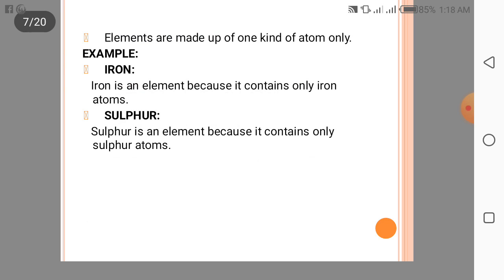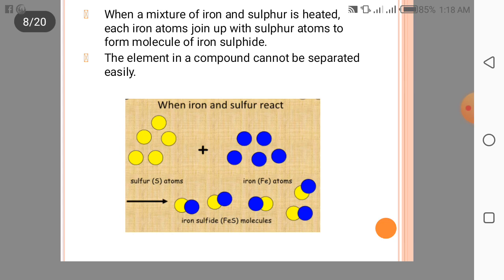Elements are made up of only one type of atom. For example, iron. Iron is an element because it contains only iron atoms. The second one is the sulfur element. Sulfur is an element because it only contains sulfur atoms.